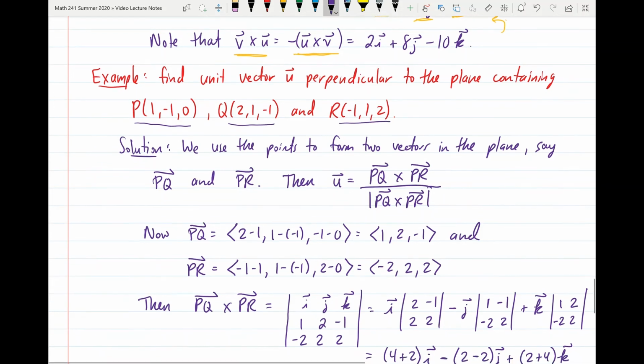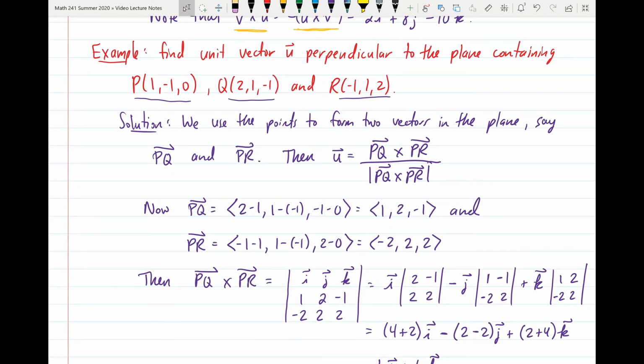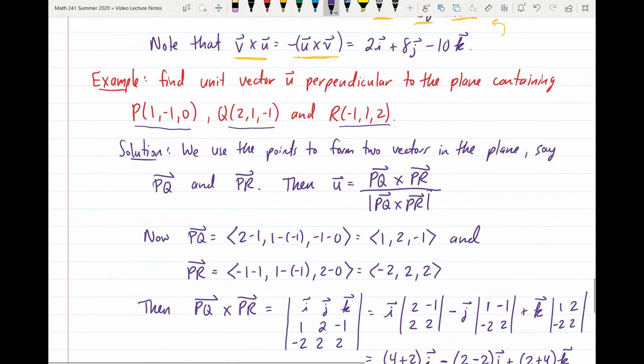So we're going to use the 3 points that are given to us to form 2 vectors in the plane. So we can just arbitrarily choose. I'm going to choose the vector from P to Q and the vector from P to R. Then a unit vector perpendicular to the plane would be given by the cross product of PQ and PR, because remember, the cross product of PQ and PR is going to be perpendicular to PQ and PR, so it'll be perpendicular to the plane containing them.